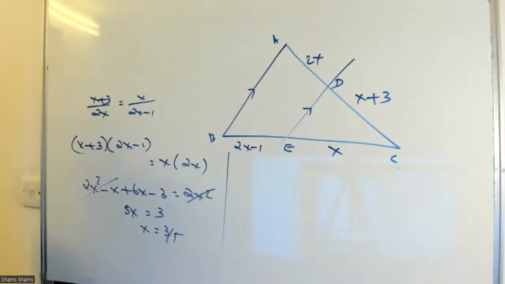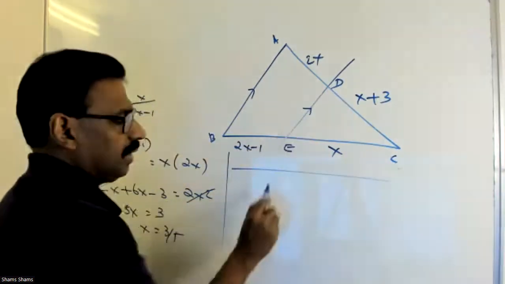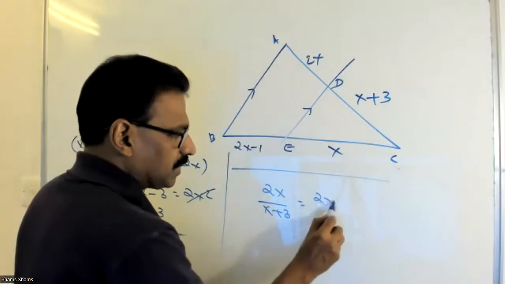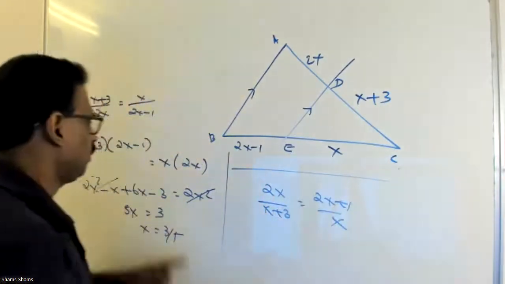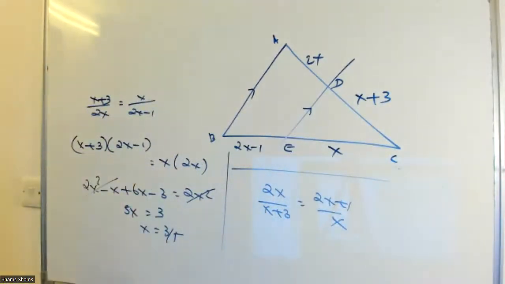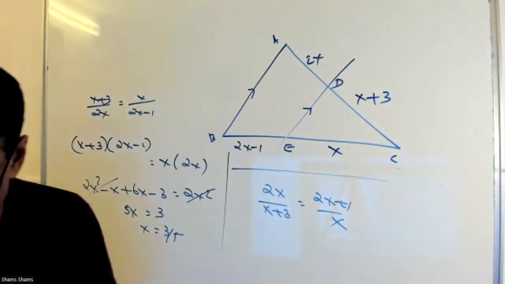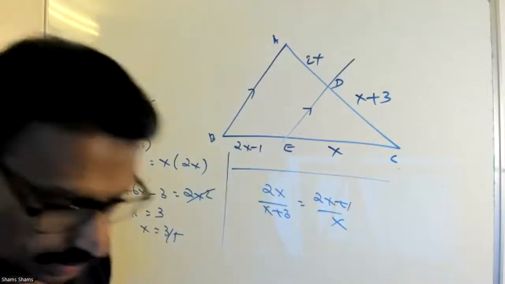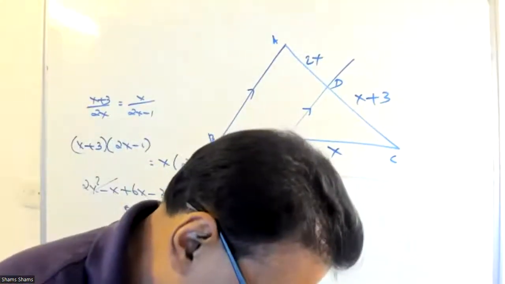Okay, Uditra, you got it? Yes, sir, I got it correct. Even you got 2x divided by x plus 3 equals 2x plus 1 by x. Same only, look. Cross multiplication will be the same. Okay. Sarah Ahmad, correct it. Nuha, correct it. Harry, correct it. Okay, sir.